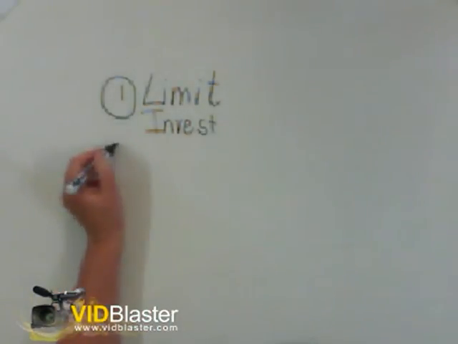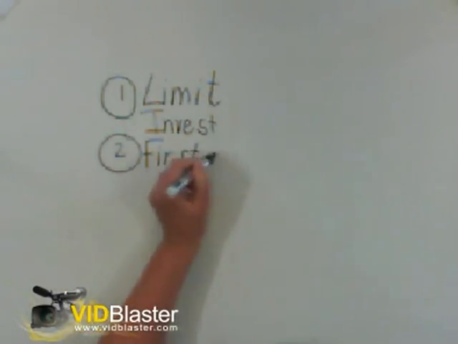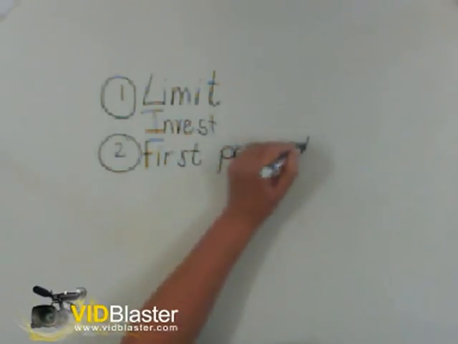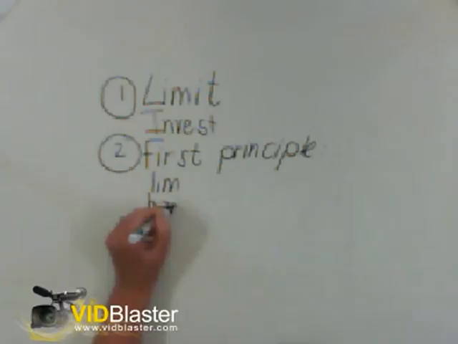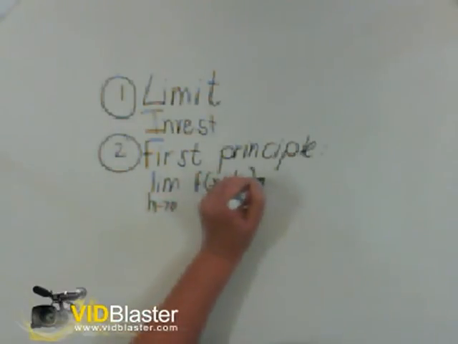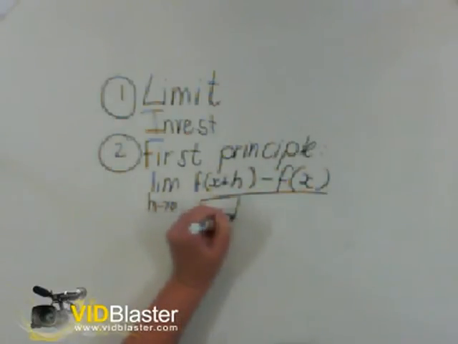Yes. The next thing you teach is your first principle. Most textbooks only call it the first principle. They don't call it the formula, because the kids might get confused. But this is it, where h tends to 0, and we have f(x plus h) minus f(x) over h.